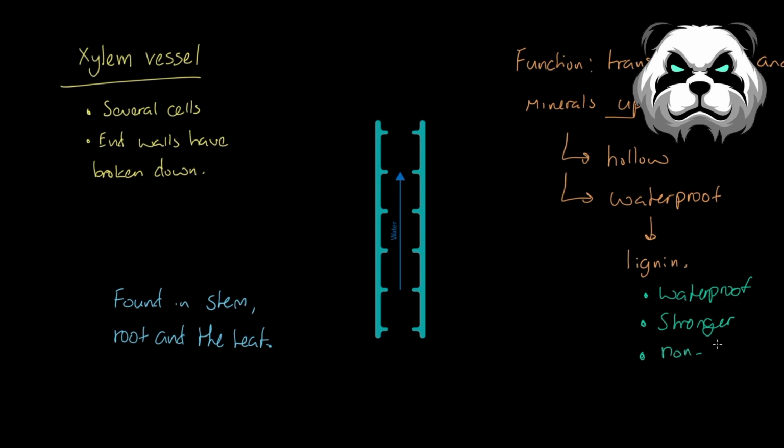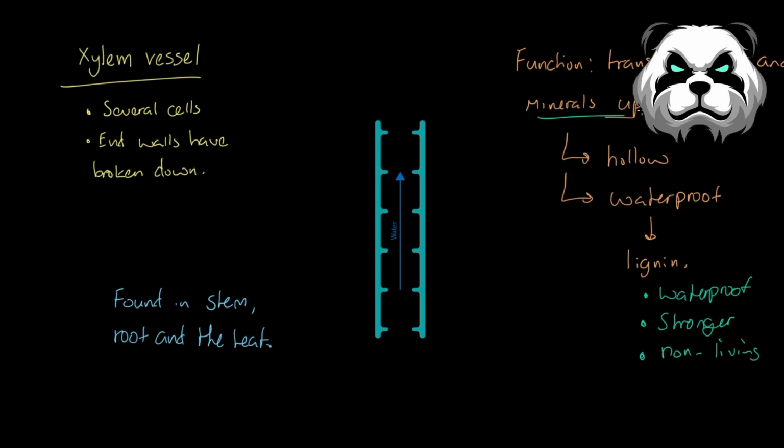So it makes the xylem vessel non-living. And that is ultimately why it is possible to have this cell type without things like the nucleus, for example. So we've got a non-living cell, but it is perfectly differentiated to perform its function, which of course is to conduct water and minerals up that cell.